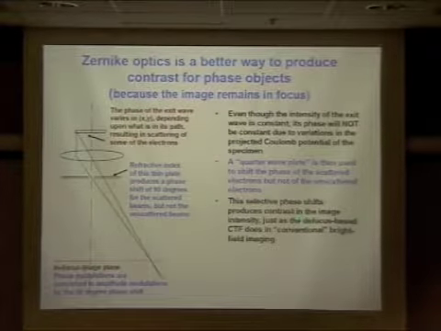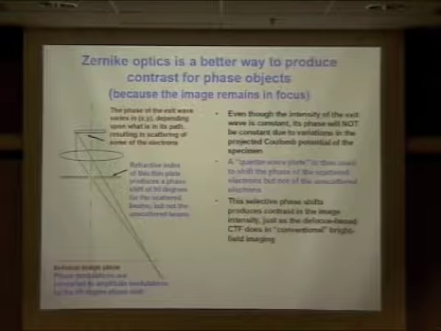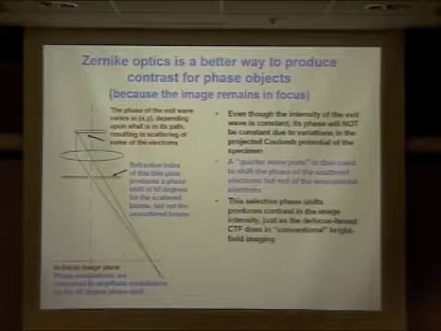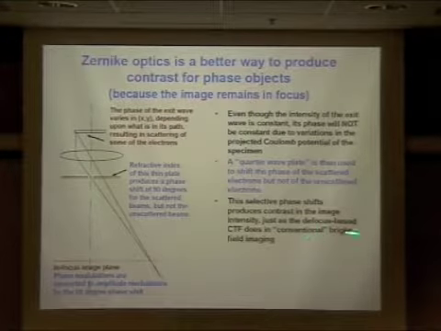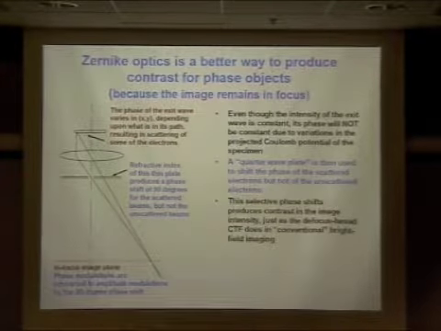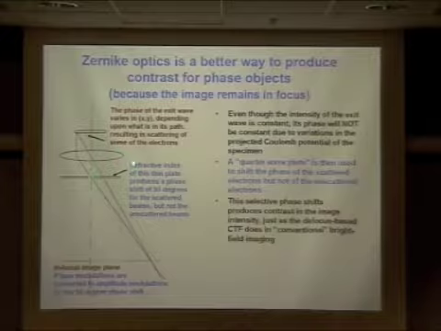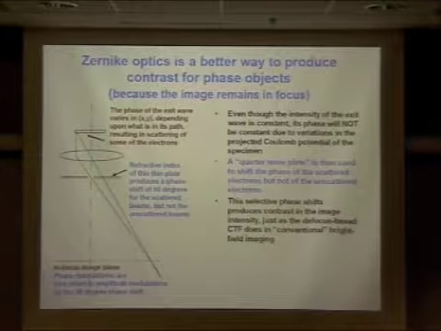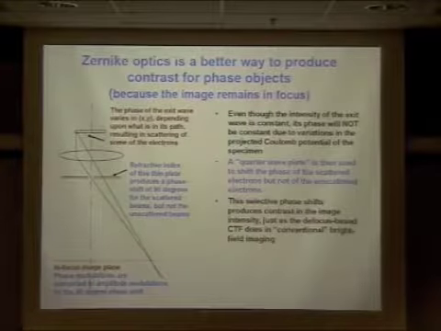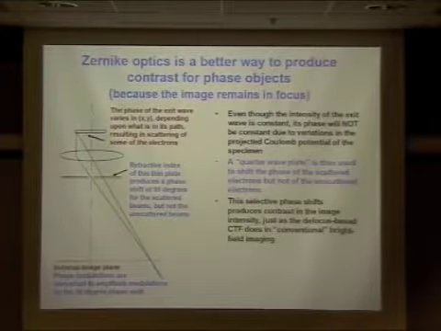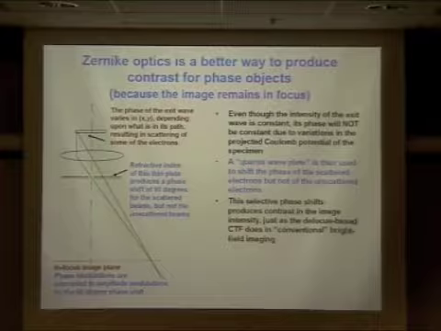So this selective phase shift produces contrast in image intensity, just as defocus does. Defocus is nothing but a phase plate caused by the combination of defocus and spherical aberration. When we write down the theory of image formation formally, we treat it that way.